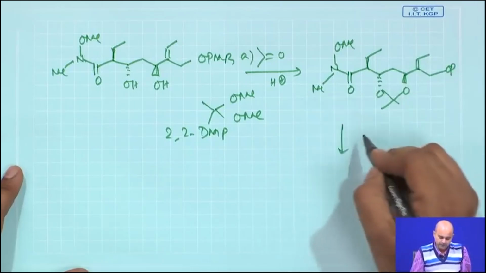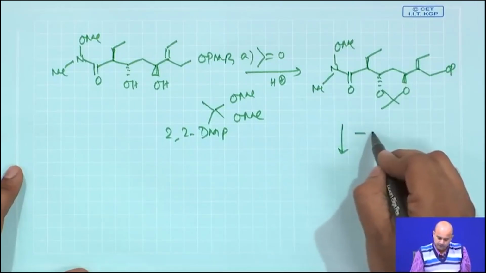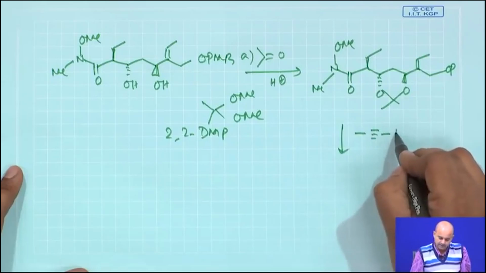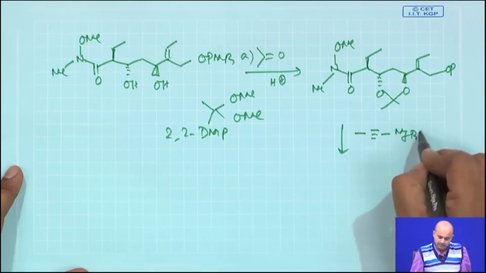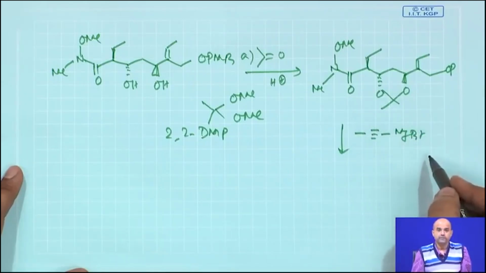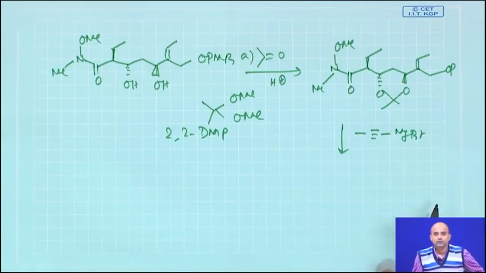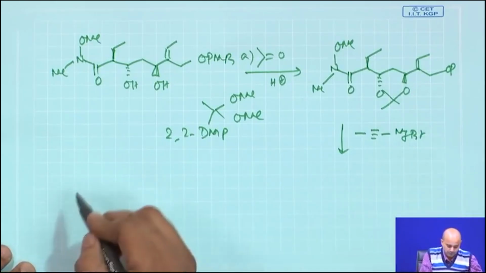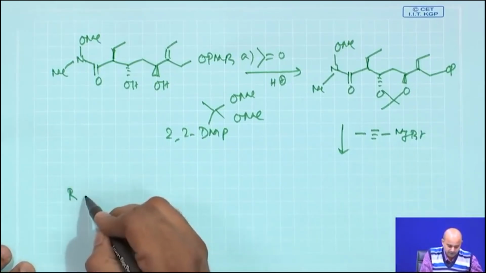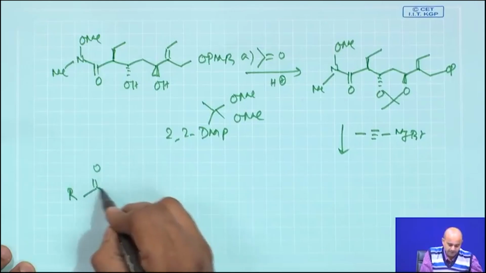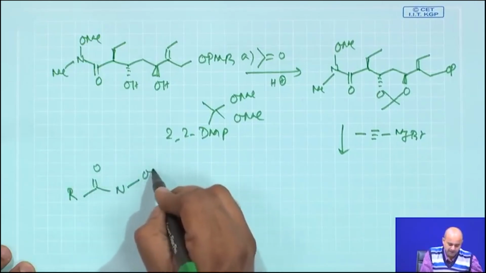And next you react with the corresponding alkynyl Grignard or lithium in the Weinreb ketone synthesis. Now, probably it is time to explore why the Weinreb ketone synthesis is so selective. I say the Weinreb amide is basically an amide.